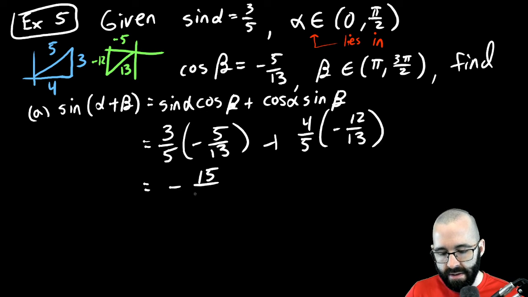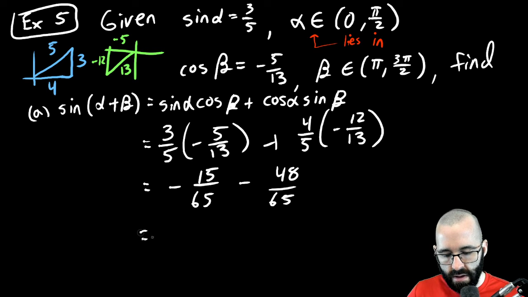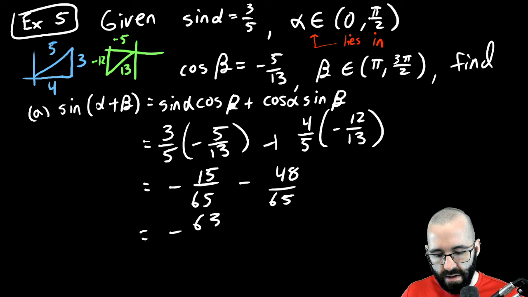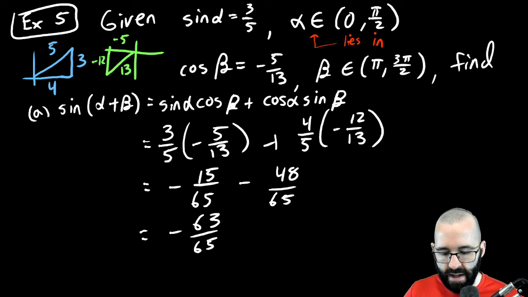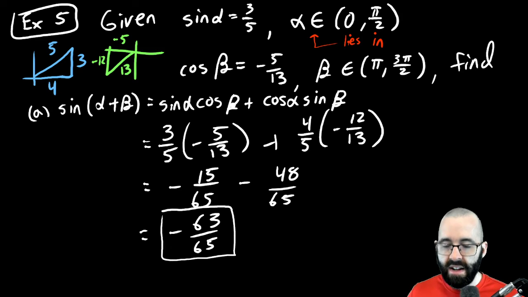It's going to be 65 minus 48 over 65. It's going to be negative 63 over 65. And that's 9 times 7 and 5 times 13, so it doesn't reduce. This is the sine of alpha plus beta.